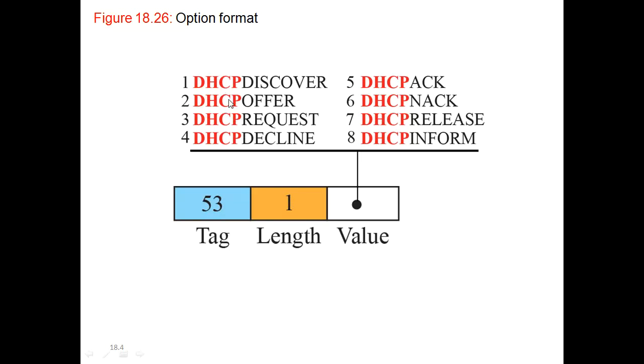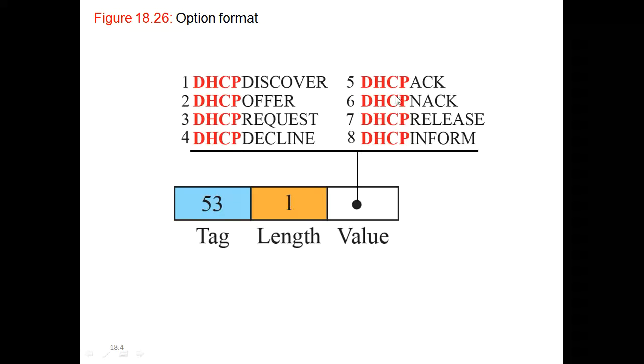One is DHCP discover, two is DHCP offer, three is DHCP request, four is DHCP decline. We can use any of the values 1, 2, 3, 4, and all these different 8 options: DHCP ack, DHCP acknowledgement, DHCP negative acknowledgement, DHCP release, DHCP inform. These are all different formats.